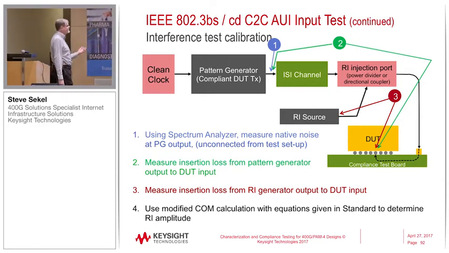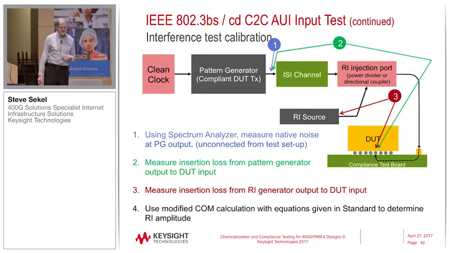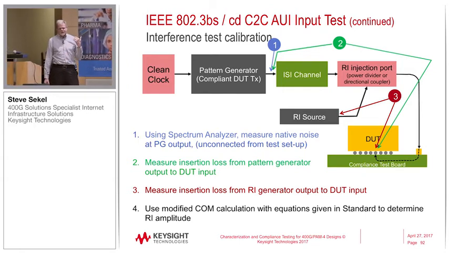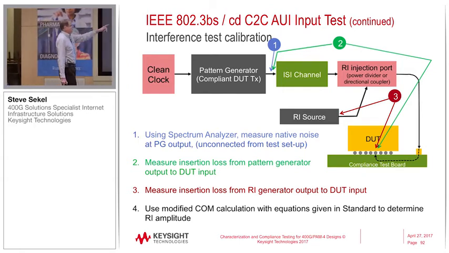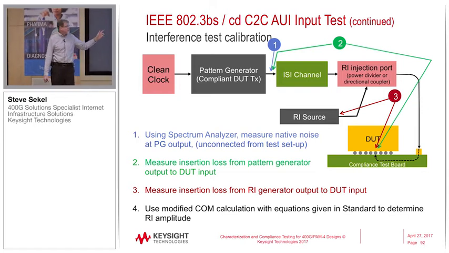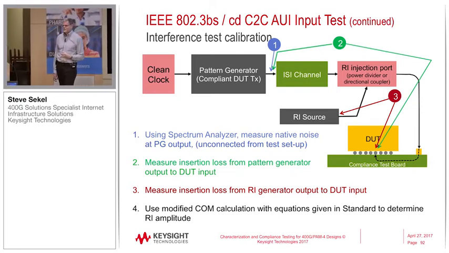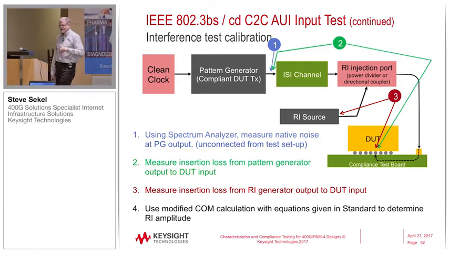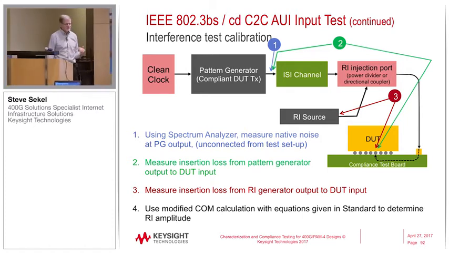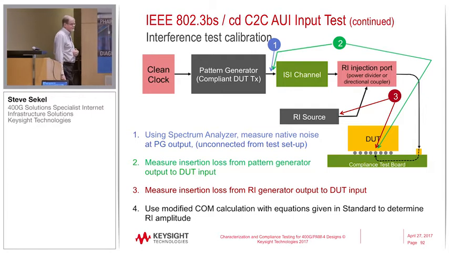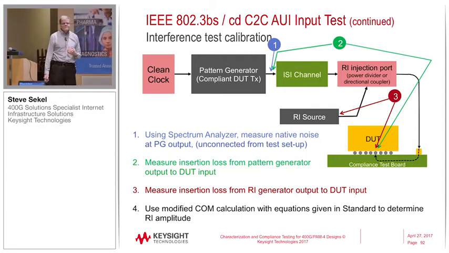The number comes out in millivolts peak to peak from the RI source, and I'll give you a clue right now: you really can't measure that effectively, even with a sampling scope. The best way to measure that noise power is with an RF power meter and just do the milliwatts to millivolts conversion.